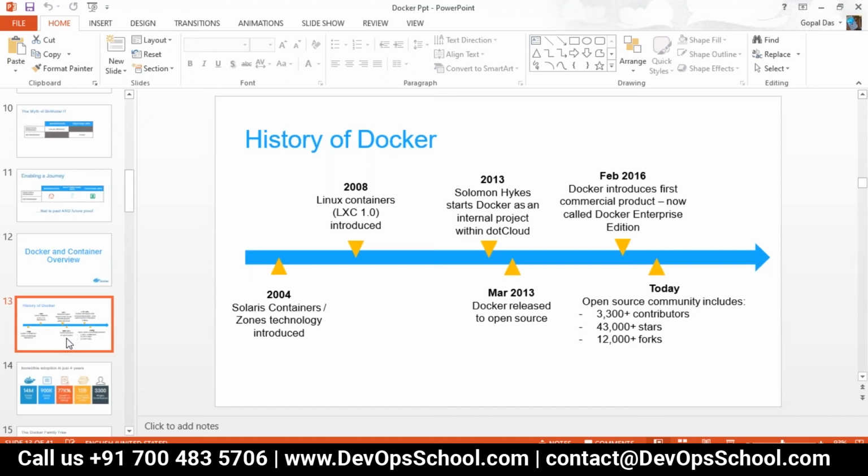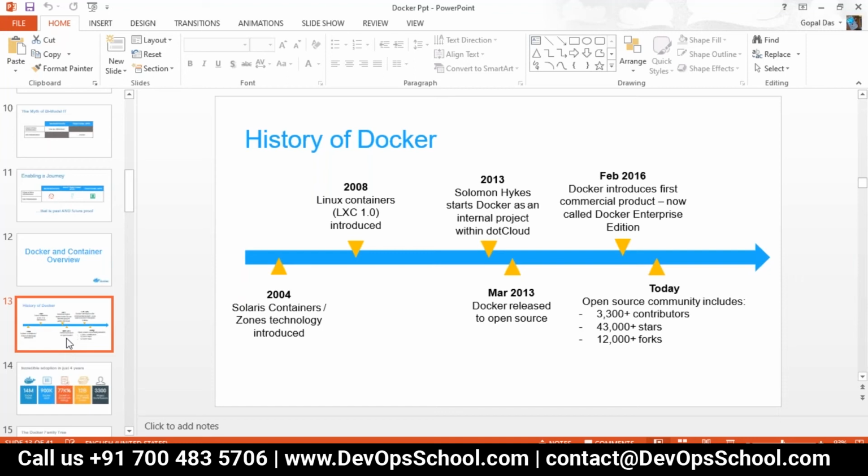In 2013, Solomon Hykes created the Docker container project, and it became popular. Nowadays, 80% of deployment happens through containers.